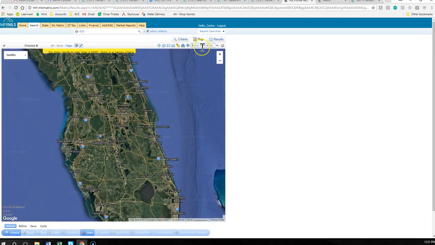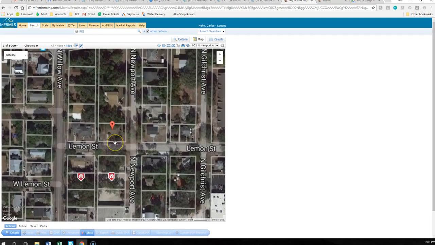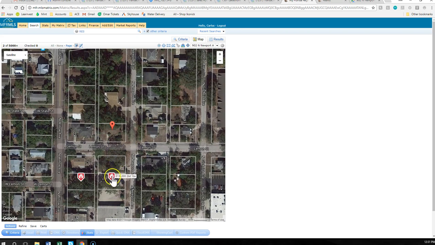Then you look at the map, type in the address. Oops, 902 North Newport. Okay, so there's our property. You can see right here, there are two cash comps. One that sold for 136, one that sold for 202.